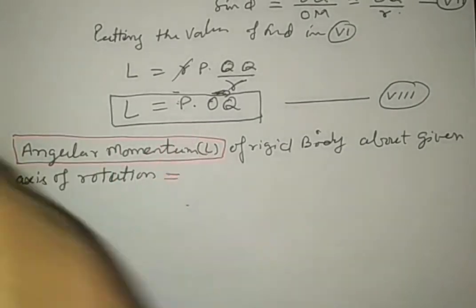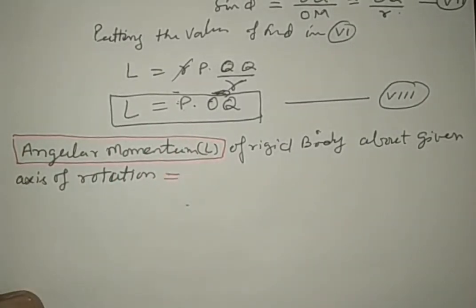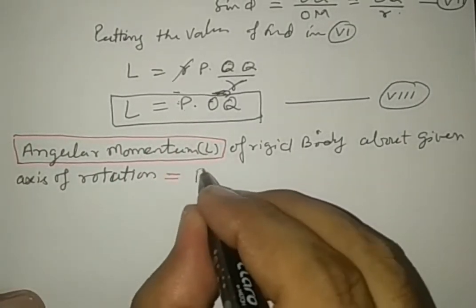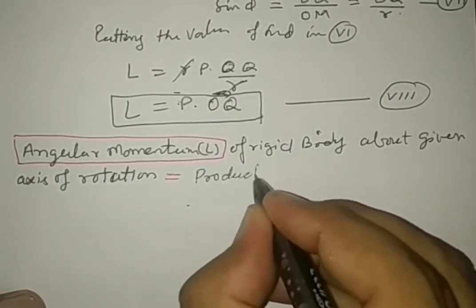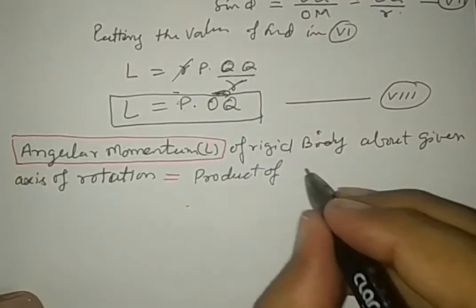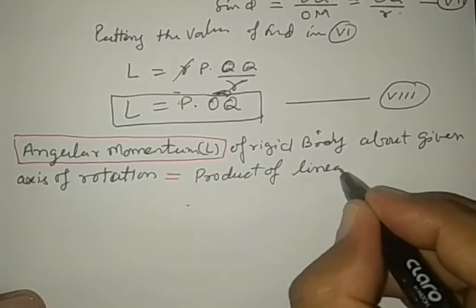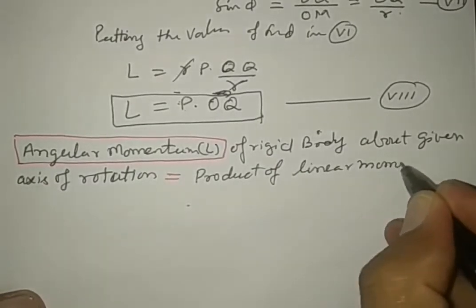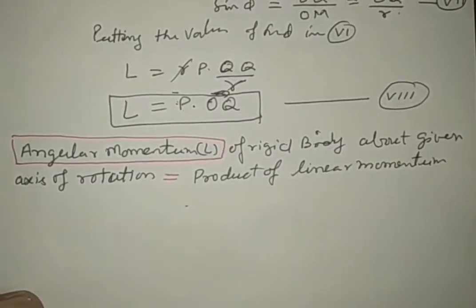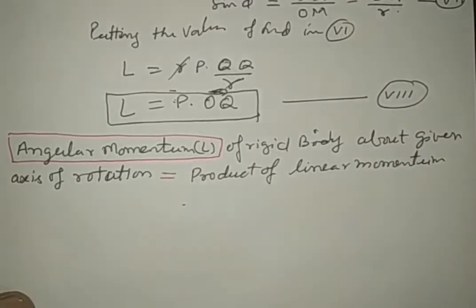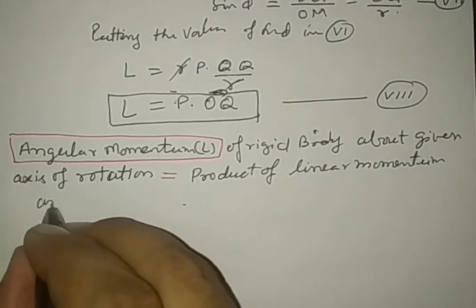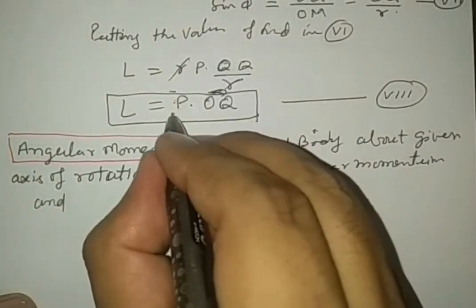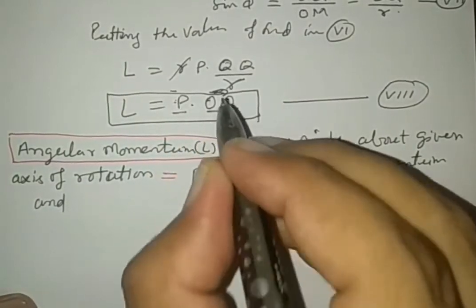The first is P. What is the P? Product of first quantity is linear momentum, right? And first is a linear momentum, second is OQ.